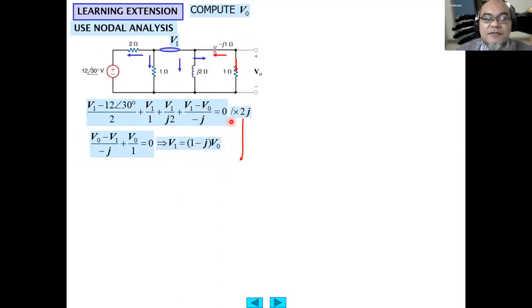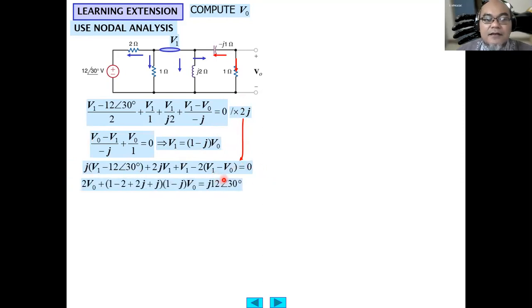We substitute this into the first equation. We first multiply the first equation by 2j to eliminate this factor. So this becomes this one, and then we substitute V1 here with (1 minus j) V output. So this becomes this equation. Then we can solve for V output.